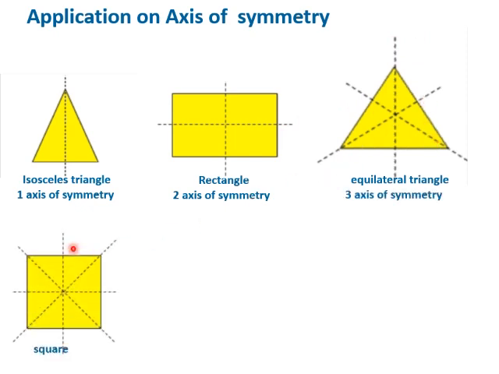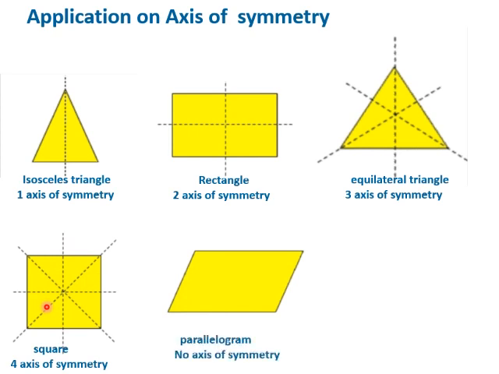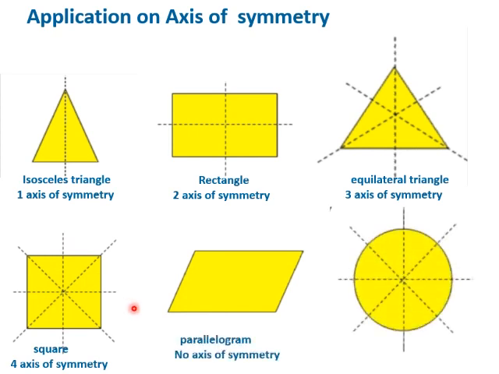This square has one, two, three, four axes of symmetry. The parallelogram has no axis of symmetry. And the circle has an infinite number of axes of symmetry. The axis of symmetry cuts the figure into identical and equal parts.